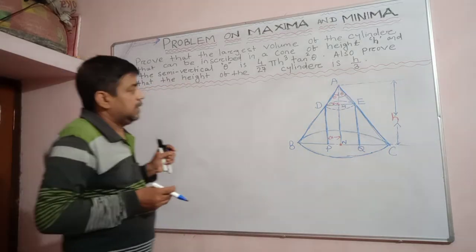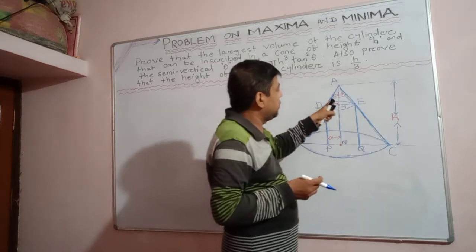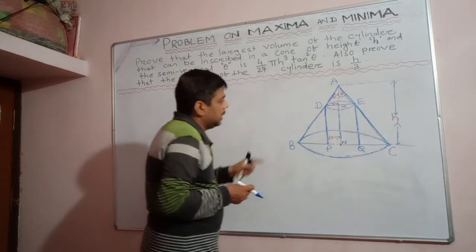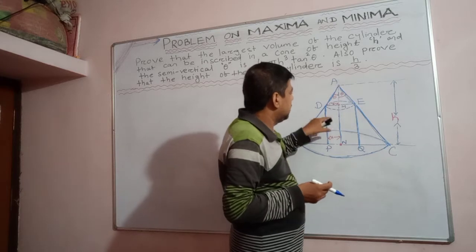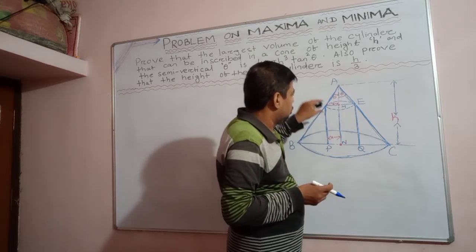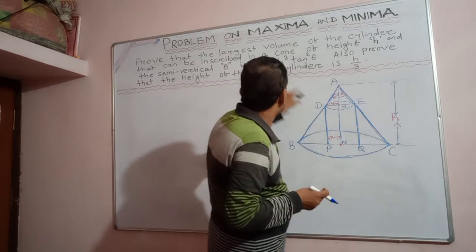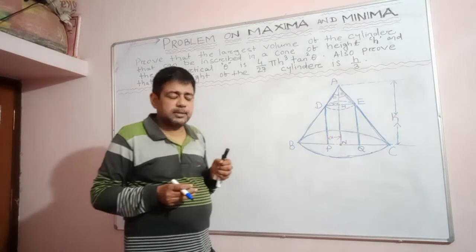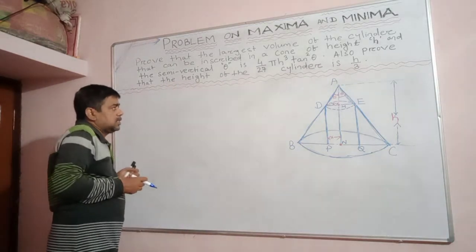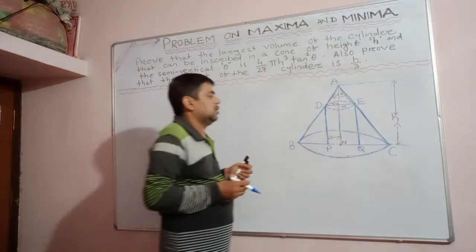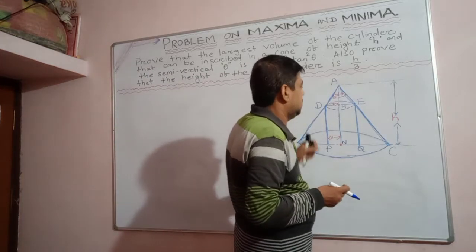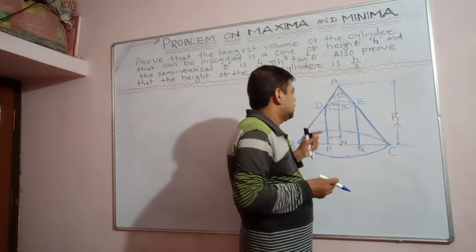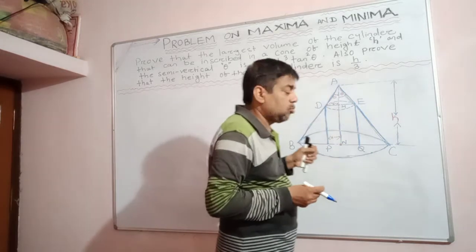And if theta is the semi-vertical angle of the cone and h is the height of the cone, then we have to prove that the volume of the cylinder is 4 upon 27 pi h cubed tan squared theta. This is the largest value of the volume of a cylinder that can be inscribed in a cone.